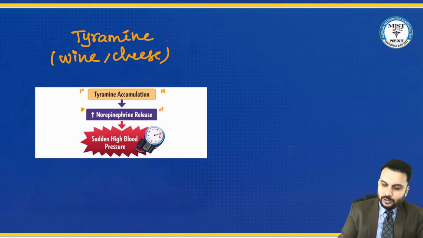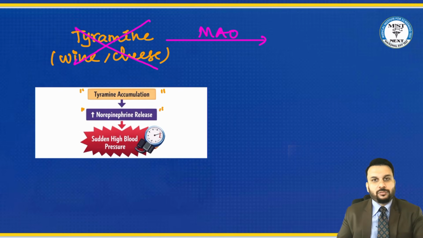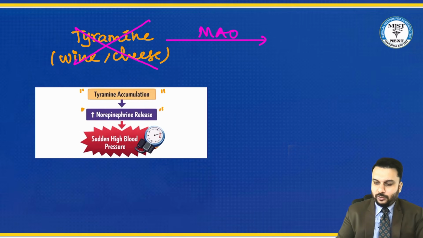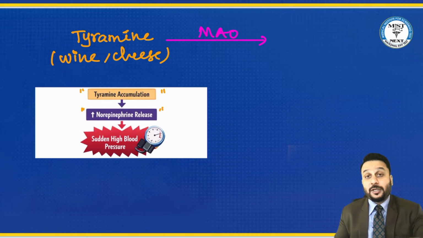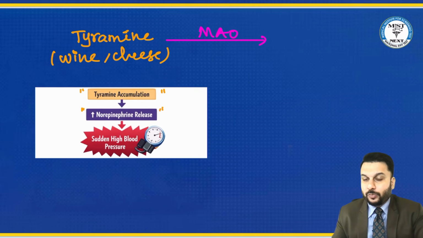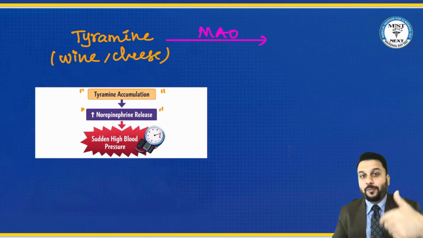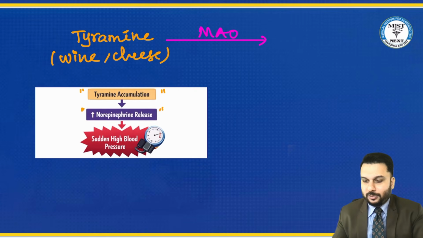Because there is a protector. Who is this protector? One enzyme called MAO. MAO will break down tyramine. So if there is no tyramine, there is no BP. So in our GIT, who is present, who is preventing all this? An enzyme called MAO. So MAO is the good guy preventing this high blood pressure.